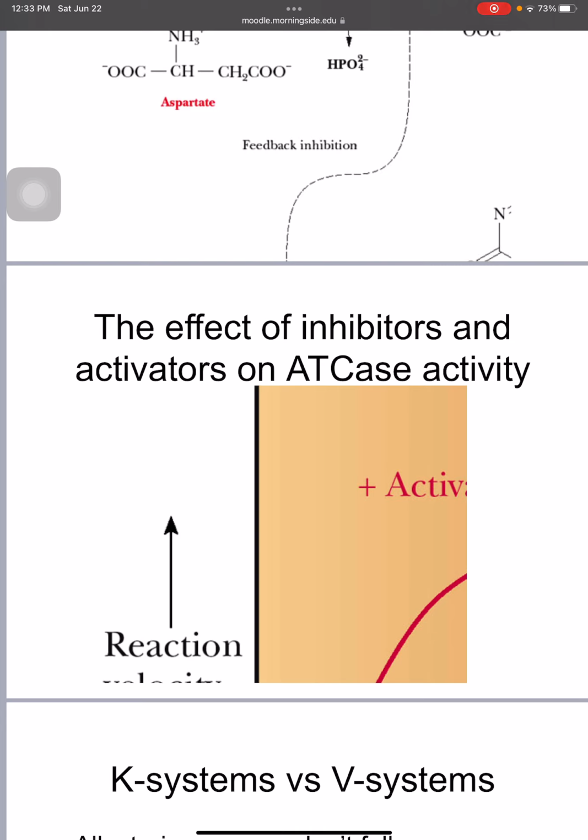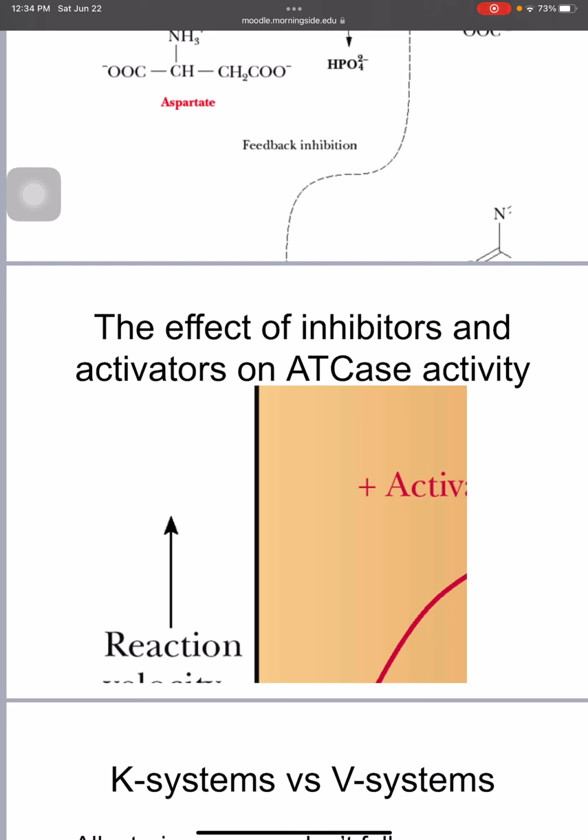It's very similar to the ones that we saw with Michaelis-Menten enzymes, right? So actually, as you add an activator to ATCase, it almost, not quite, but almost exhibits Michaelis-Menten behavior. You get to your Vmax at a lower substrate concentration than you would have without the ATP.